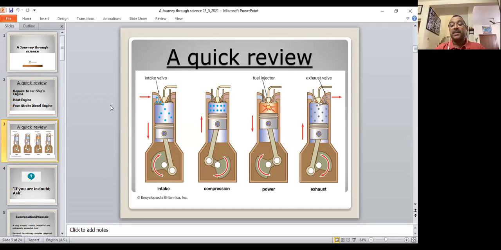There is another valve known as the exhaust valve. So we will open up that valve right now, and we will push the piston again to its top dead center. So the smoke and all those things will be pushed outside. So this is the basic operation of a 4-stroke diesel engine. When you count, there are 4 strokes to complete this cycle of operation.